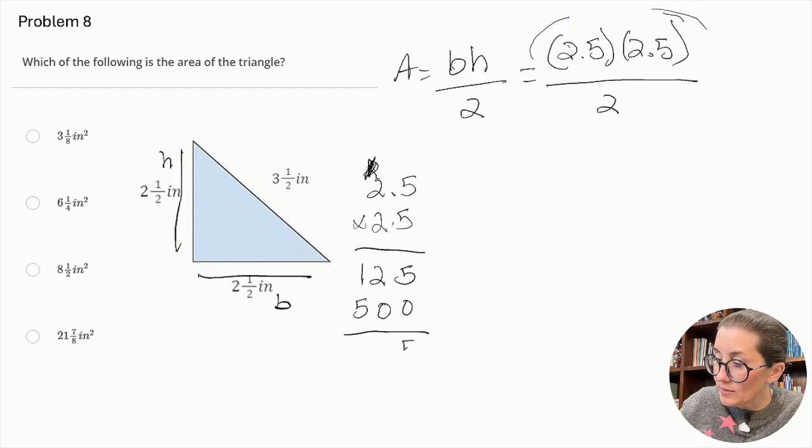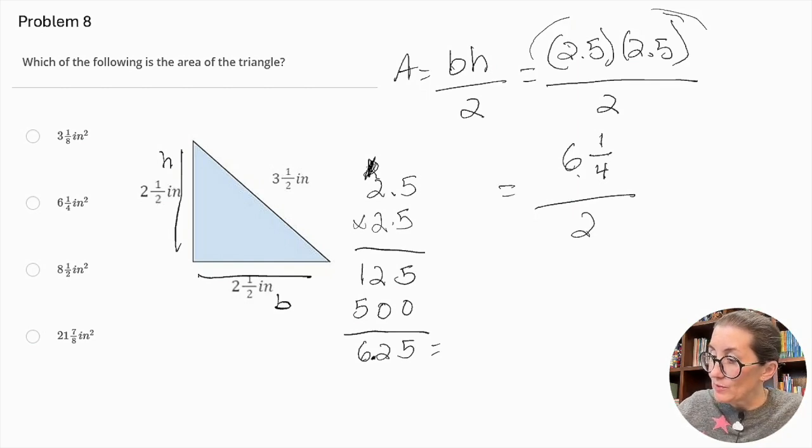So we add those up and we get 6.25 because we've got 2 decimal places there. So that is equal to 6 1/4 over 2. So 6 1/4 over 2.